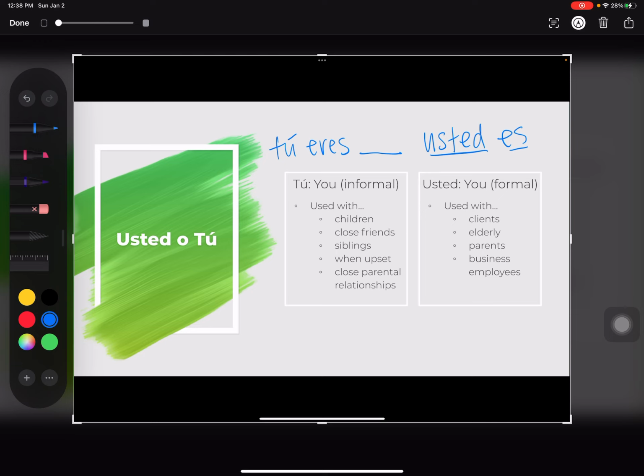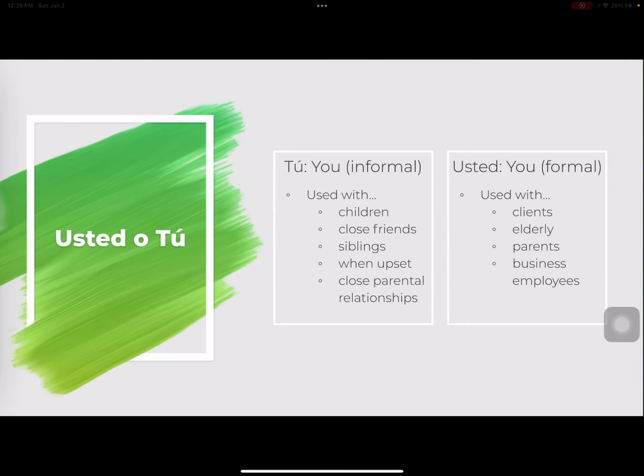These cannot be interchanged. No, no, no. You can never say usted eres. You can never say tú es. It doesn't work. They have to agree. It's just a rule, just like we have silly rules in English. They have rules that don't necessarily make sense to people who are learning Spanish as a second language.